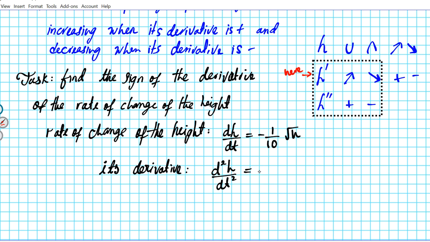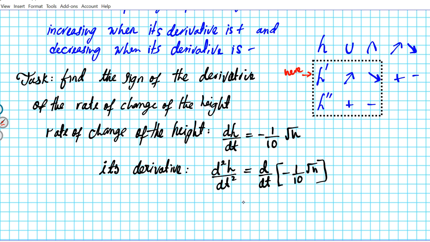All right, so how do you find that? You just simply differentiate dh/dt, negative 1 over 10 root h, with respect to time. Ladies and gentlemen, this is another implicit differentiation, so you want to keep track of agreement. Okay?